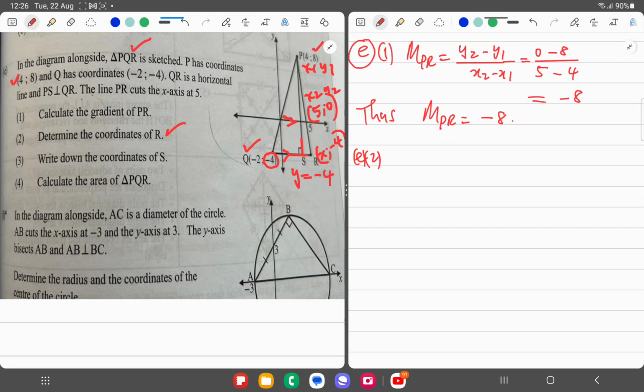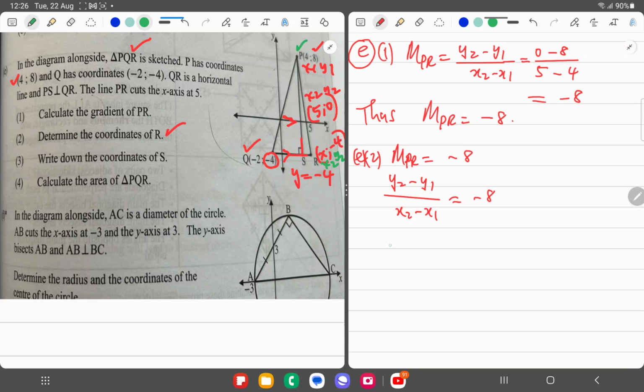But there's something we know from the previous question: the gradient of the line PR is minus 8. The gradient is y2 minus y1, all divided by x2 minus x1, which is minus 8. So we have the point P with coordinates x1, y1, and the point R with coordinates x2, y2.